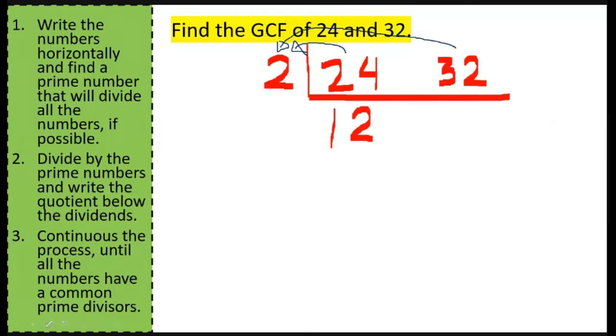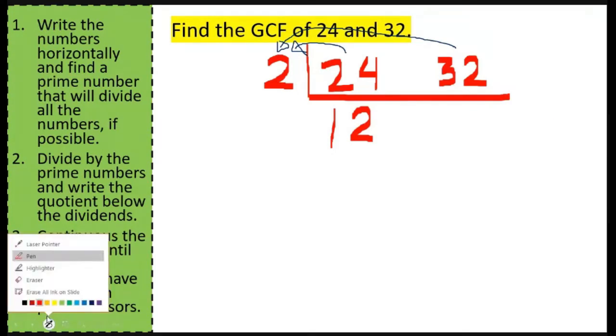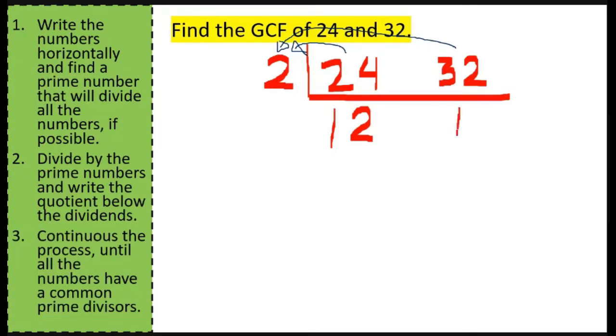Yan, may nakikita ako. 16 na sagot. So ito, yan. Okay. Now, you will write another line, the same procedure. What number is divisible by both 12 and 6? Okay, the answer is 2.